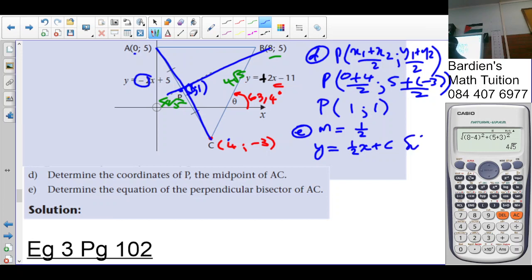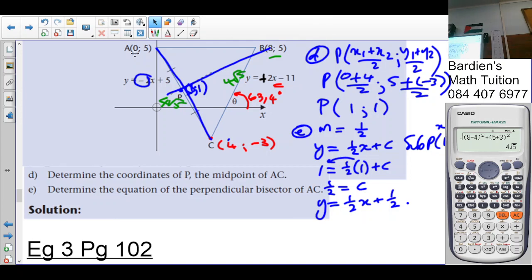So you're going to substitute P, which is 1 and 1. Remembering that's an x and a y. So 1 is equal to a half times 1 plus c. So what is 1 minus half? The equation is y is equal to a half x plus 1.